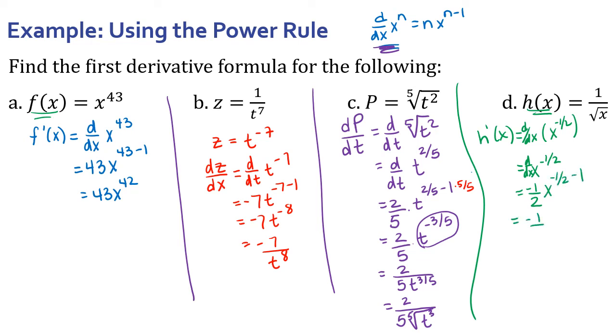So I get negative 1/2 x to the negative 3/2. So negative 1/2, move that down here. All right, so now let's write it using radicals. So that's x cubed, and you're taking the square root of it.